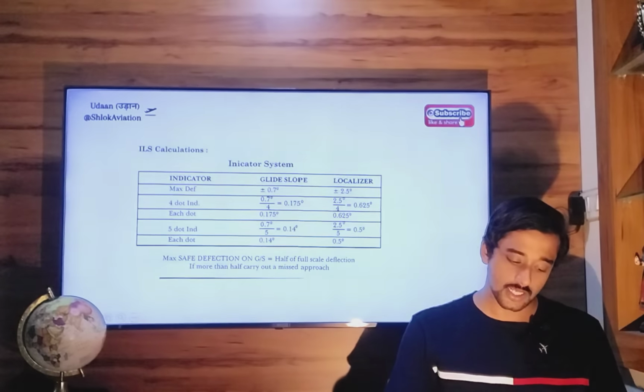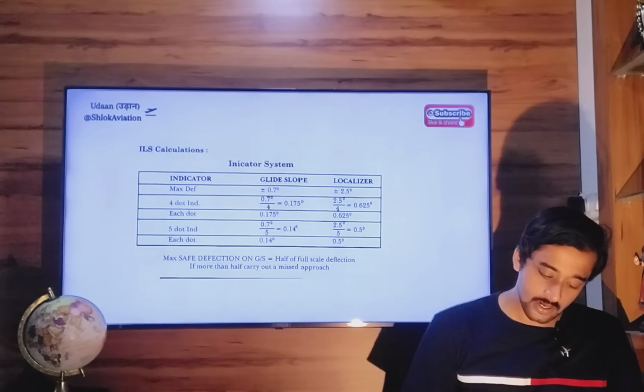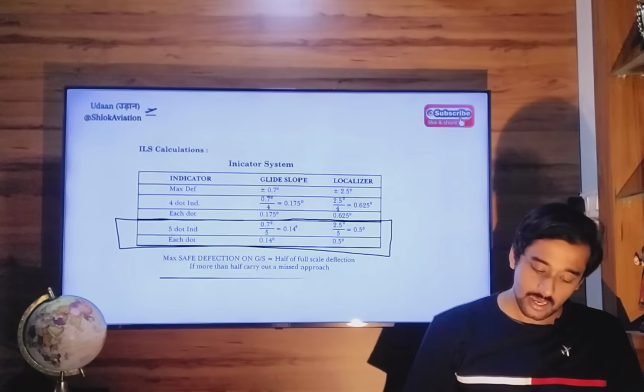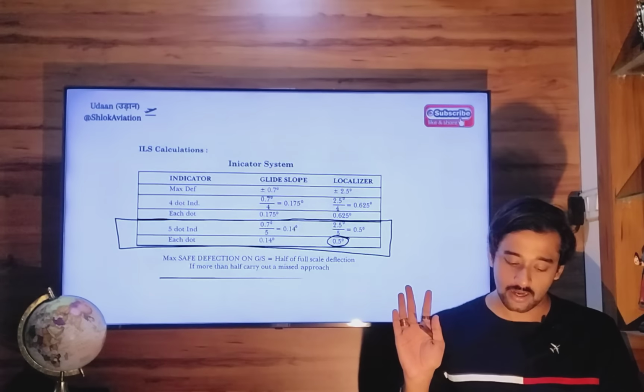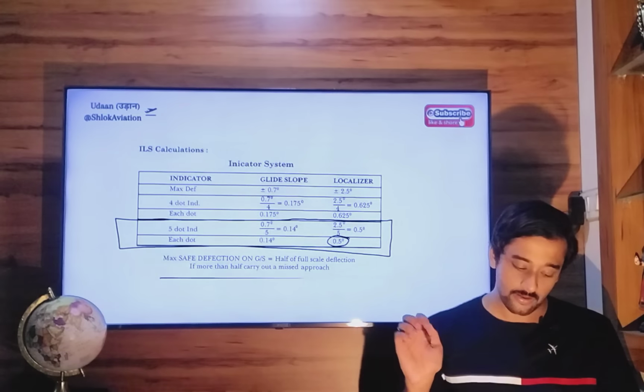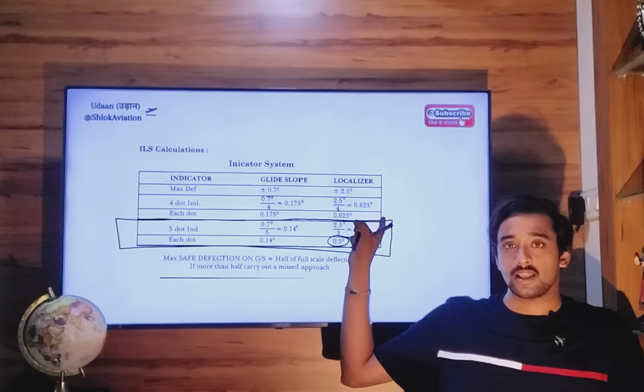So you have to remember this. For the localizer, if it's a 5 dot indicator, every dot will be equal to 0.5 degree. So 5 dots will be equal to 2.5. So maximum deflection is 2.5 degrees, left or right.